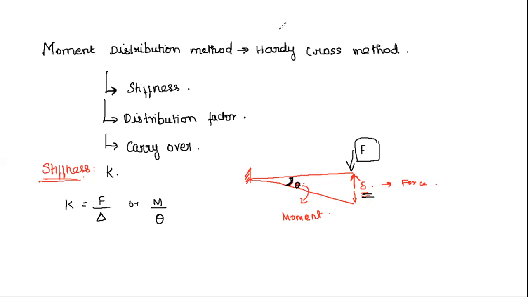Next, stiffness of a beam. Consider a propped cantilever. A propped cantilever is nothing but a support provided at the free end of the cantilever beam to reduce or prevent deflection at the free end.